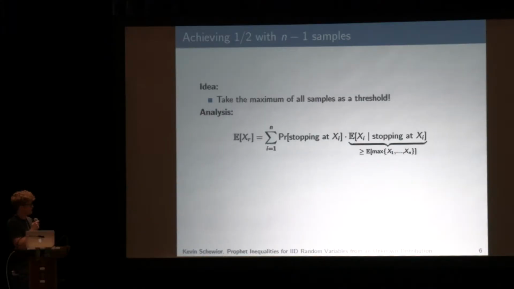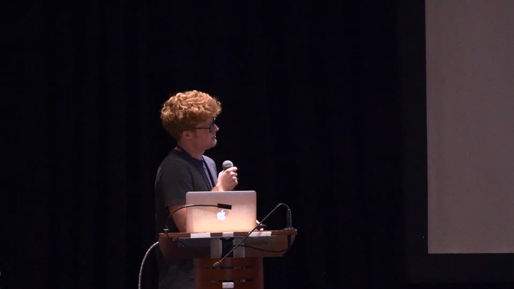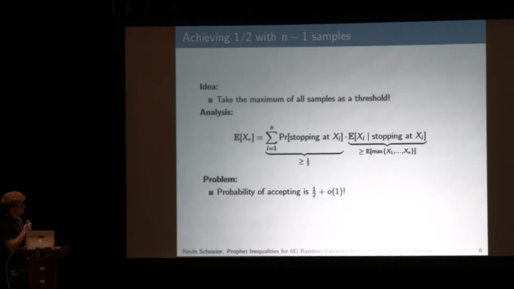And now the probability of stopping is at least 1/2, because whenever the maximum of all the values, that's the n values and the samples, is in the second half, that is, within the actual values on which the algorithm can stop, then it stops. And the probability of the maximum being there is at least 1/2. But the problem here, of course, is that we cannot improve this 1/2. This analysis is tight because with probability 1/2, we don't stop at all, right?